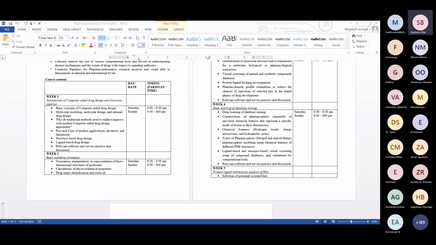Other than that, there is another publication related to a molecular docking study and pharmacophore. In this case, we also designed some 166 compounds. Initially, we selected the specific target, and then we created the pharmacophore model, and then we went to the ZINC database and selected certain compounds.